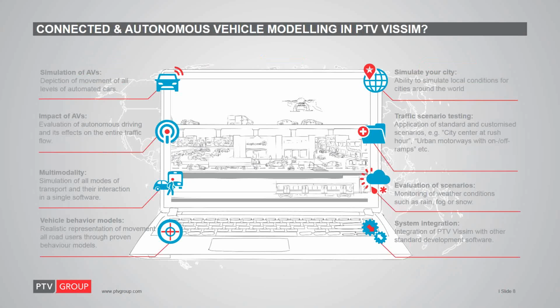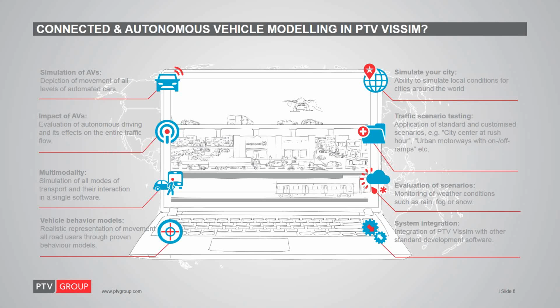So by using PTV Vissim, it allows us to set a virtual environment to undertake CAV testing, meaning we can do multiple scenarios and analyze large amounts of data quicker than real-world prototyping. We can simulate the different levels of autonomous features in vehicles. So when we were discussing before, from level 2 right through to level 5 of full automation.